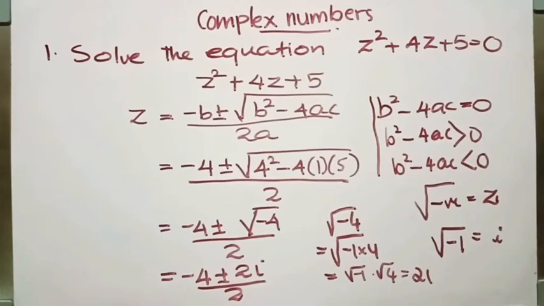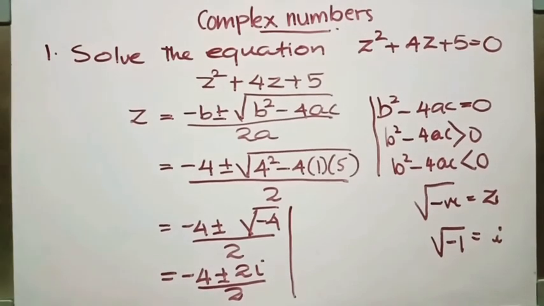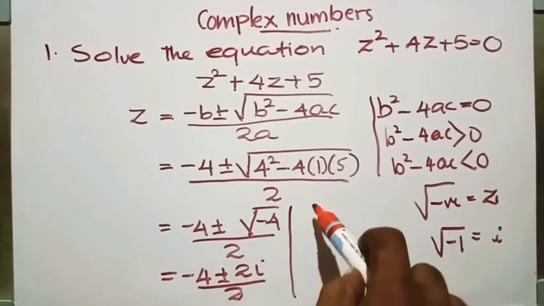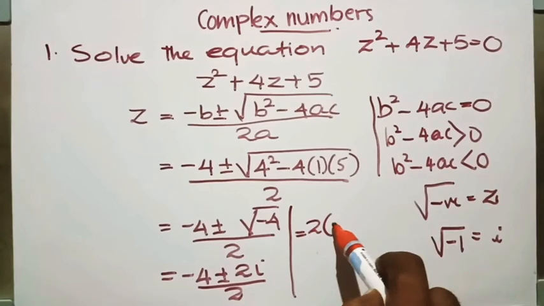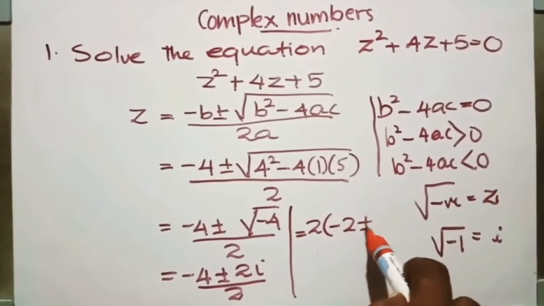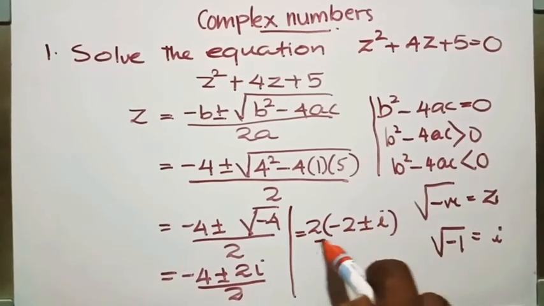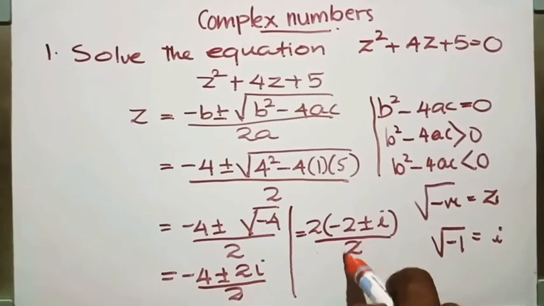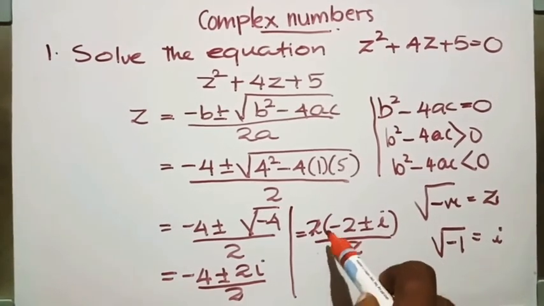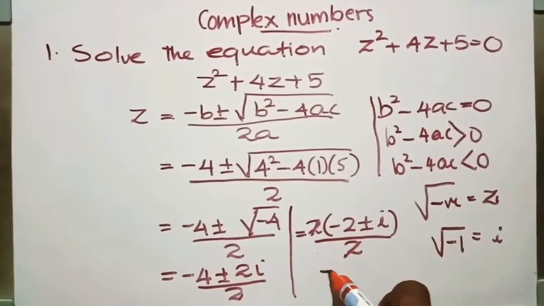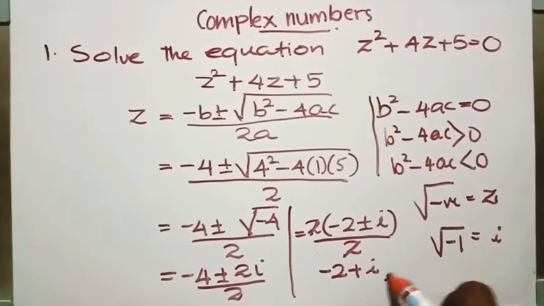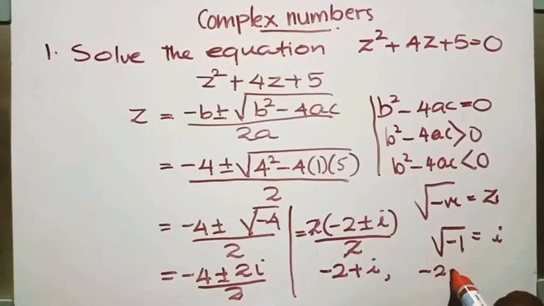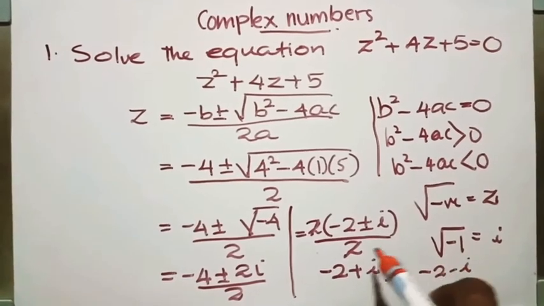It can be still simplified by taking 2 as common in the numerator. We get minus 2 plus or minus i, divided by 2. So 2 and 2 get cancelled. We get the roots: minus 2 plus i, and the second root minus 2 minus i.